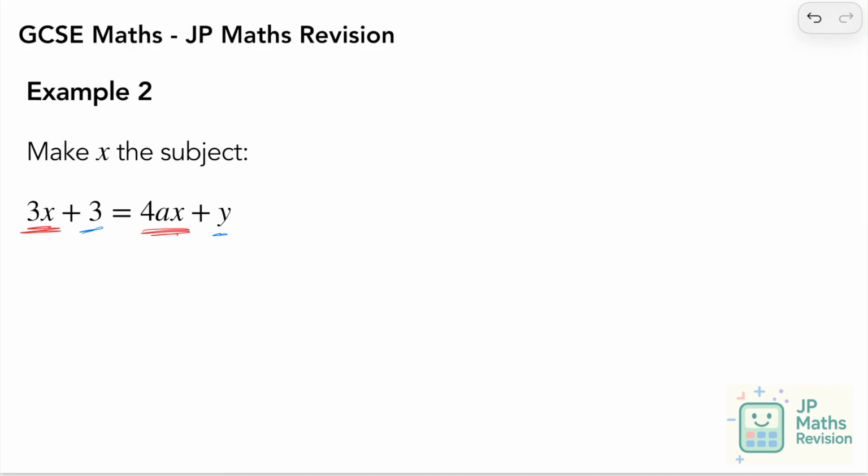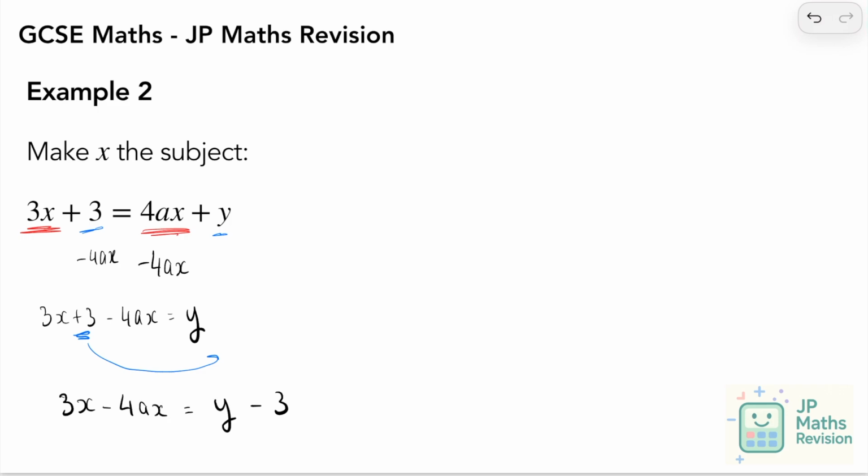To do that, I'm first going to start by minusing 4ax from both sides. So I end up with 3x plus 3 minus 4ax equals y. And now I need to get this plus 3 onto the other side, so I end up with 3x minus 4ax equals y minus 3.